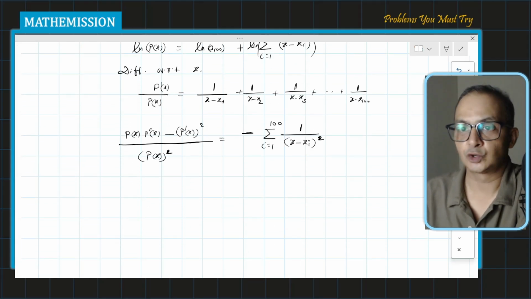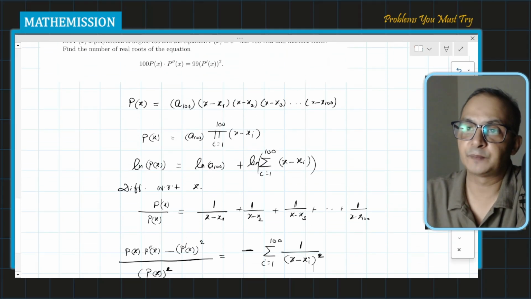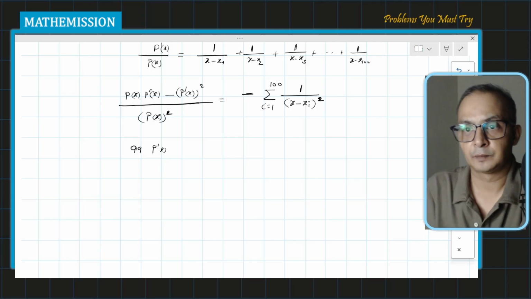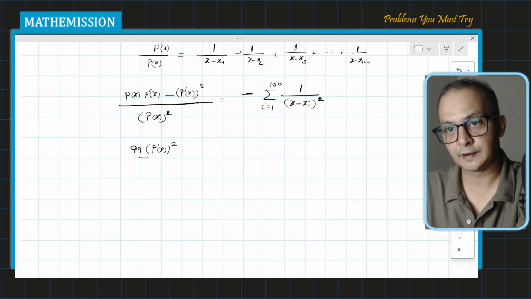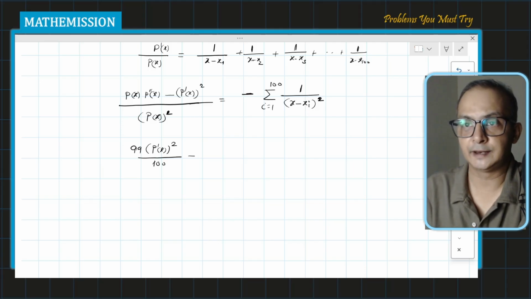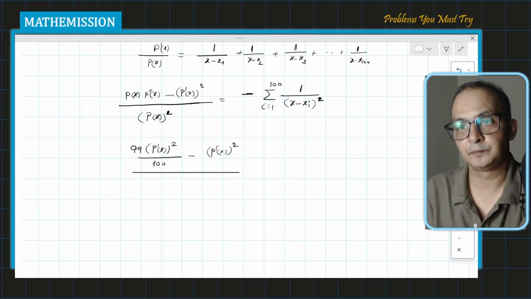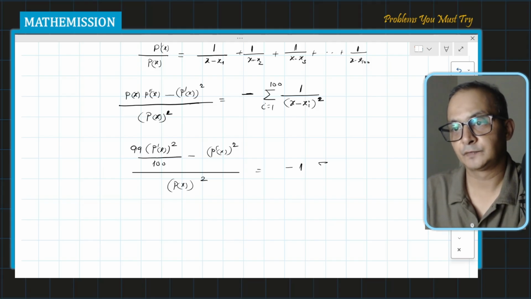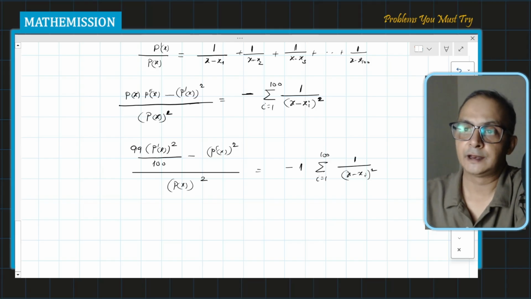So what we get here is 99 into p dash x squared divided by 100, minus p dash x whole square, and divided by p(x) whole square, and that is negative summation, i goes from 1 to 100, 1 by x minus xi the whole square. Now you notice what will happen here.